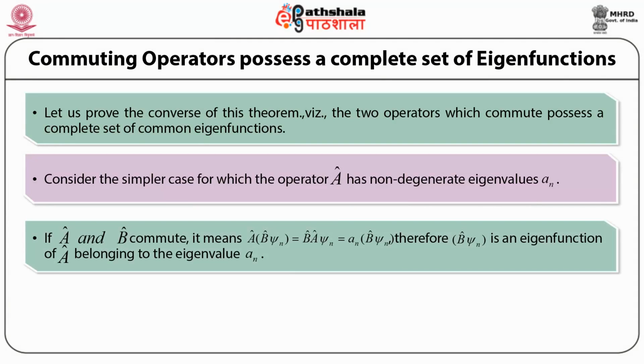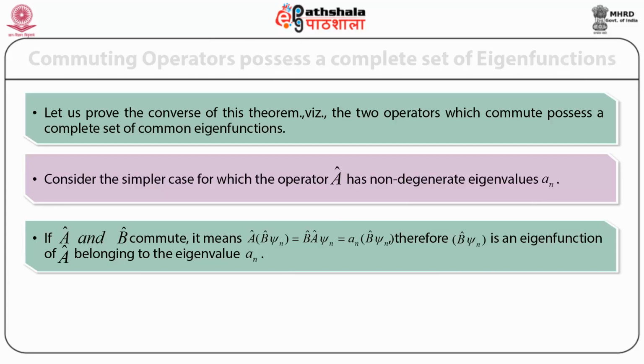If operator A and operator B commute, it means that operator A acting on operator B acting on psi n is equal to operator B acting on operator A acting on psi n, which is also equal to An times operator B acting on psi n. Therefore, operator B acting on psi n is an eigenfunction of operator A belonging to the eigenvalue An.